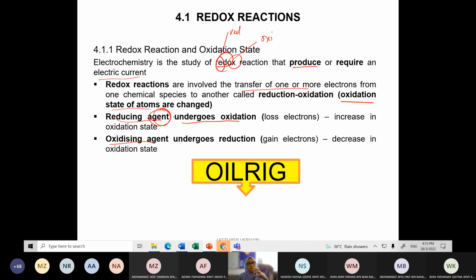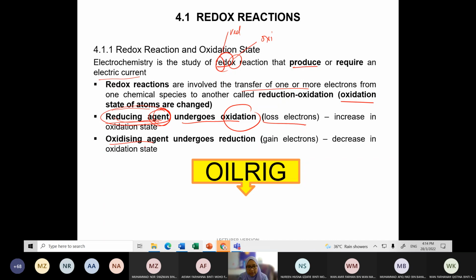Because of that travel agent, you are able to travel overseas. Same goes for the reducing agent. Because of this reducing agent, it causes others to undergo reduction, but it itself undergoes oxidation. It itself loses electrons. It causes others to be reduced but it itself undergoes oxidation.